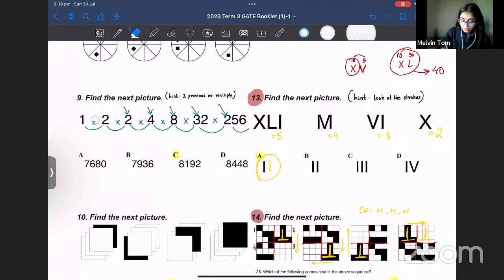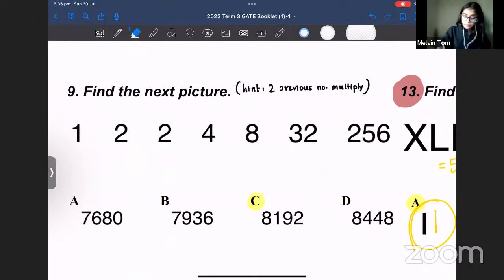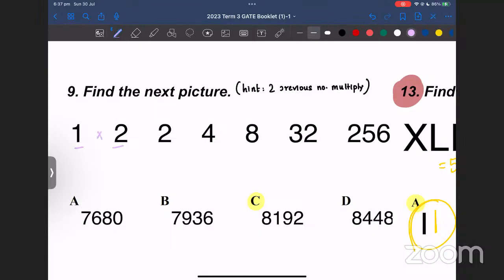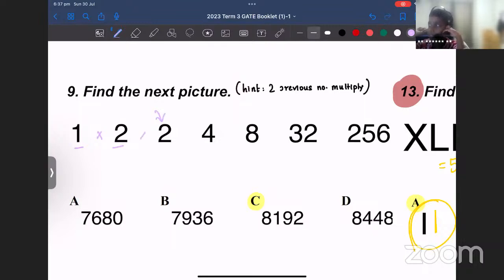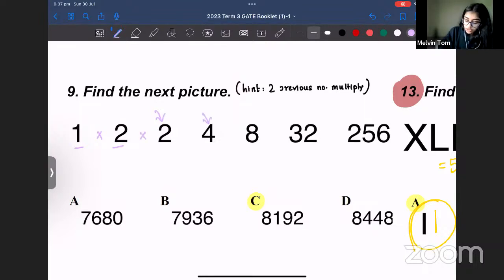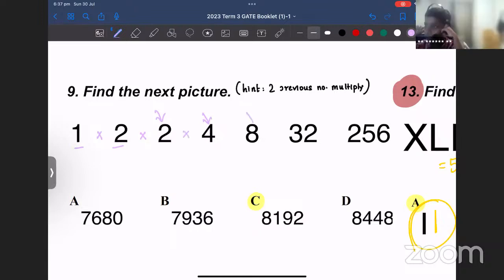Question 9. Again, one of my favorite questions to solve because I don't have to speak too much. So, very easy. I'm going to put pink for Barbie in honor of the new movie that has been released. 1 times 2 is 2, which you're getting here. 2 times 2 is 4, which you're getting here. 4 times 2 is 8.